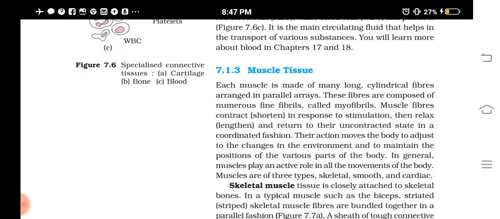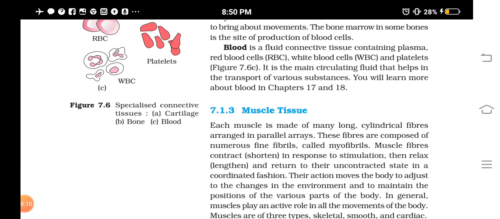Now next is the muscular tissues, muscle tissues. The cells of muscular tissues are known as muscle fibers, and these muscle fibers are specialized cells which can respond to stimulation by contracting and then relaxing.